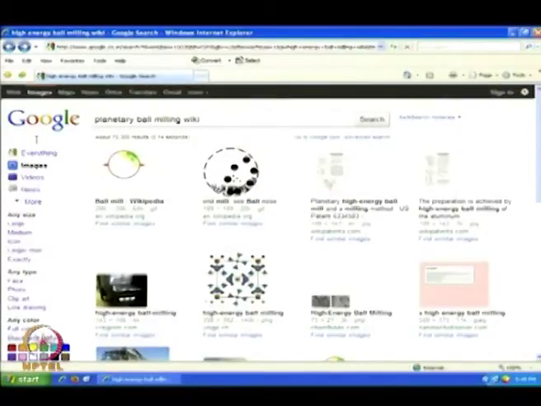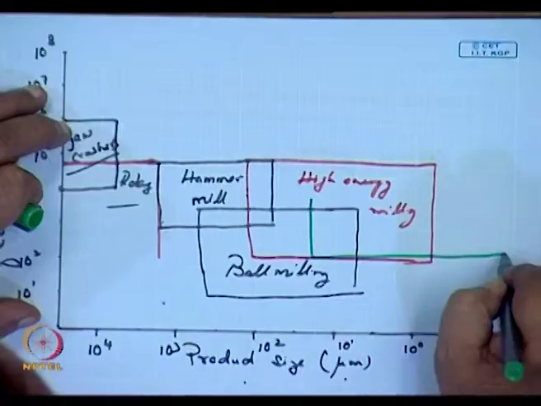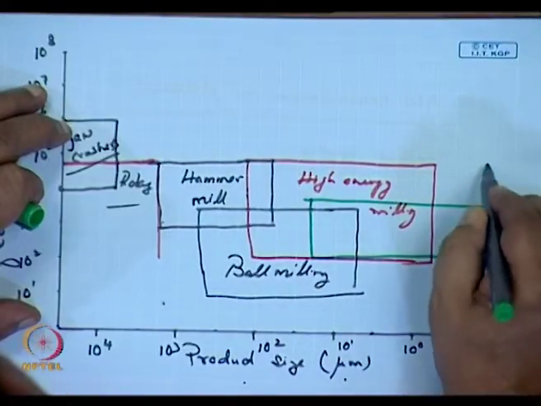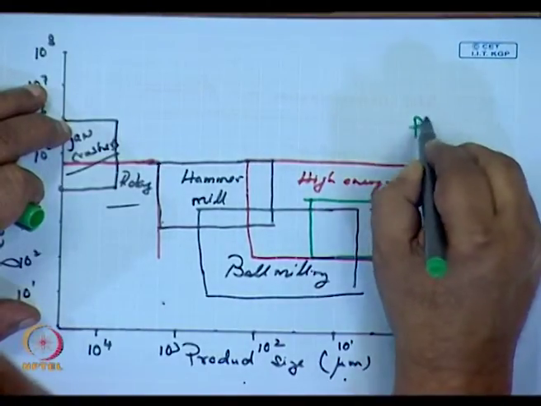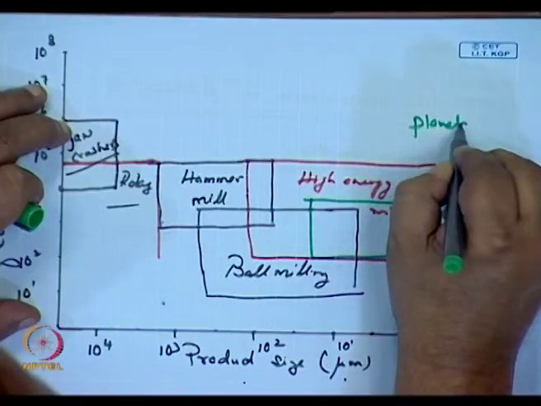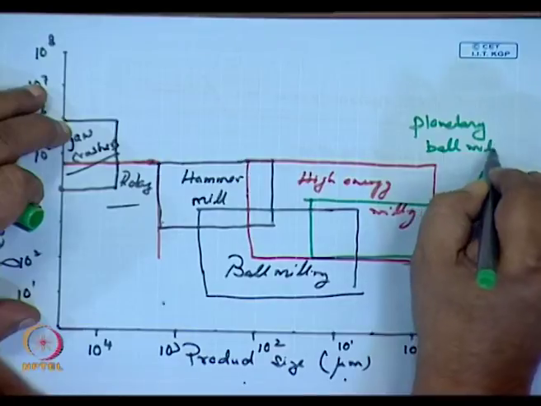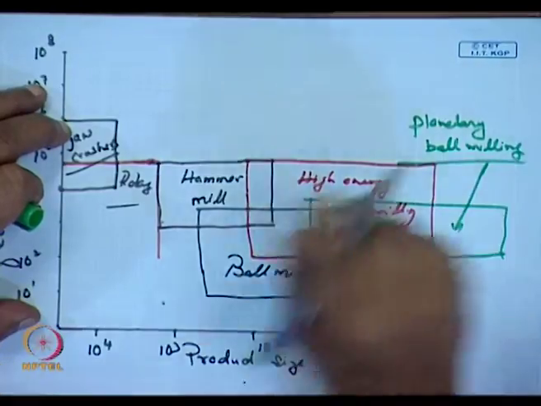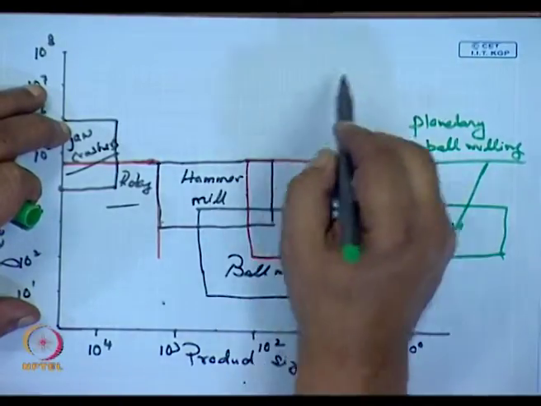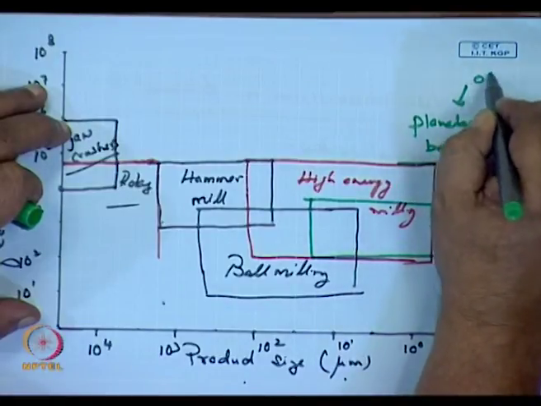Anyway, what I would say is the next level of operation is planetary ball milling, where it is the off-center ball milling.